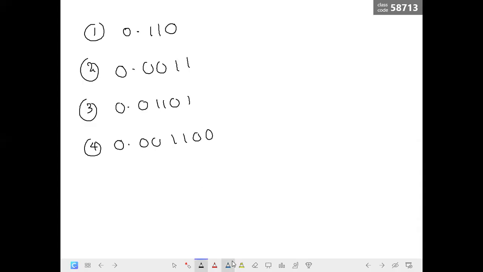If we write the answers for these next questions, for this one we have to move one place, one digit towards the left side. Then 1.1, right? We don't need this zero because the zero is there at the right extreme of the fractional part. We moved one digit to the left side, then 2 to the power minus 1.